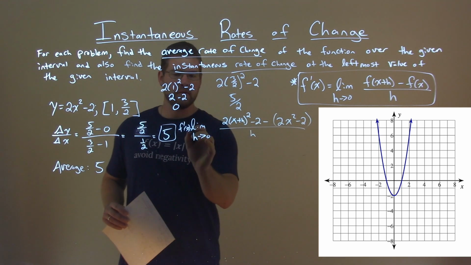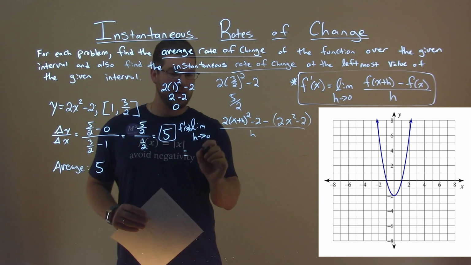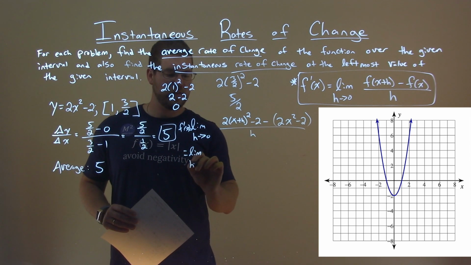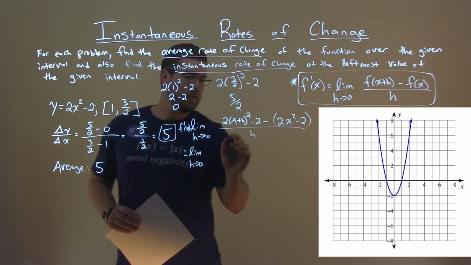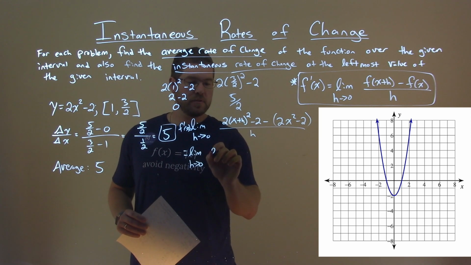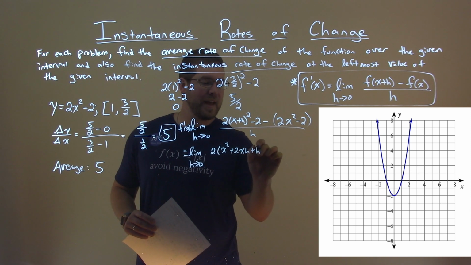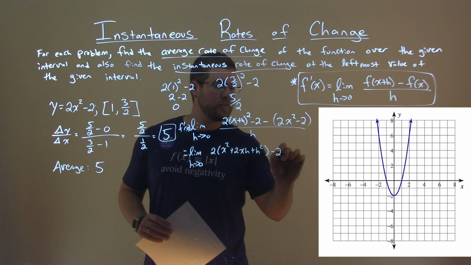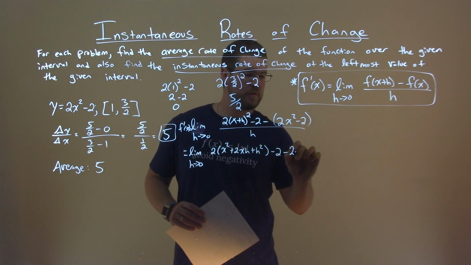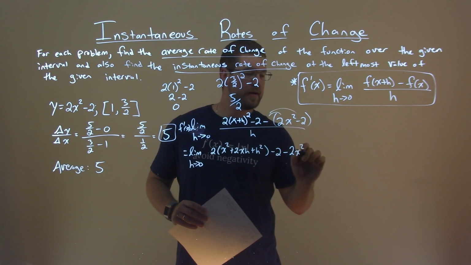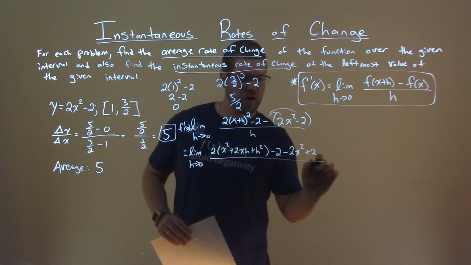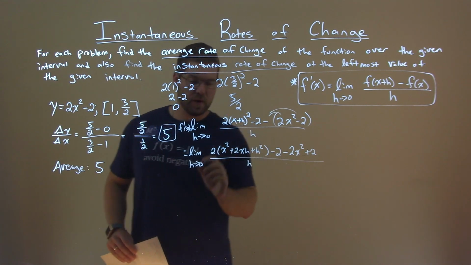And now what we're going to do is simplify what we can in the numerator. We have the limit as h approaches 0 of, this thing simplifies, we have 2 times x squared plus 2xh plus h squared, minus 2, minus 2x squared, distributing this part out, plus 2, all over h. Let's keep going.